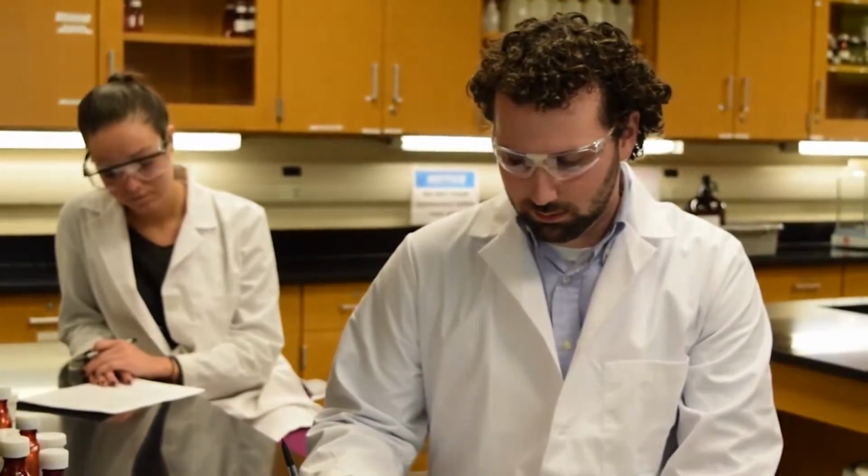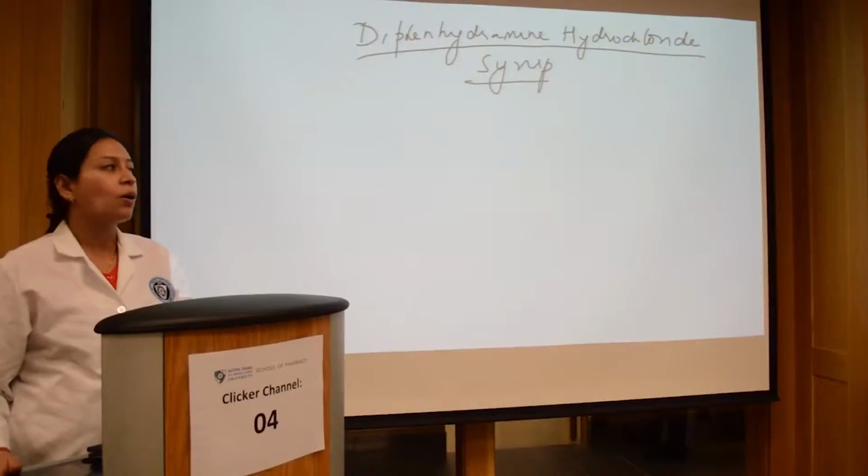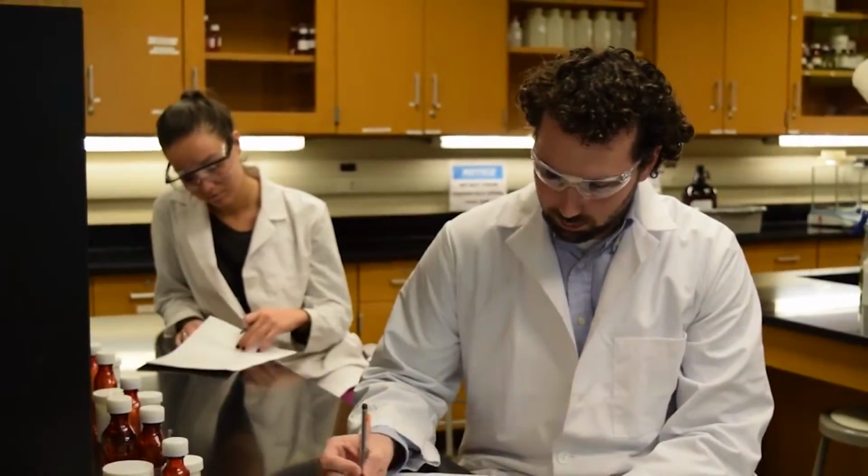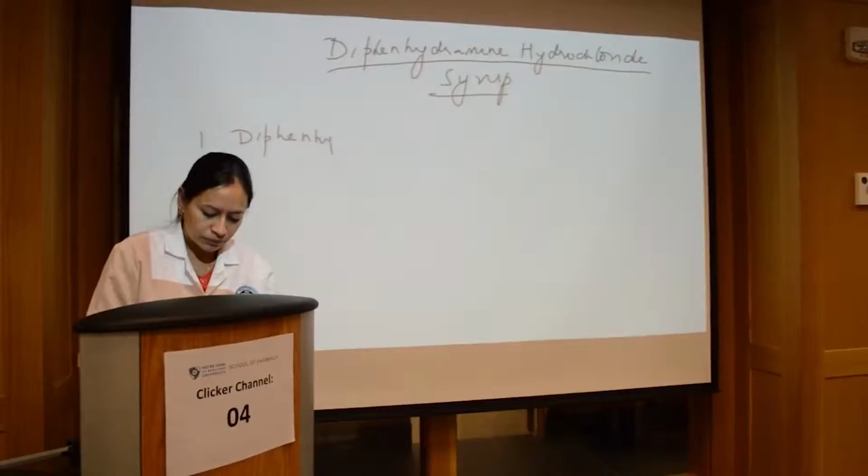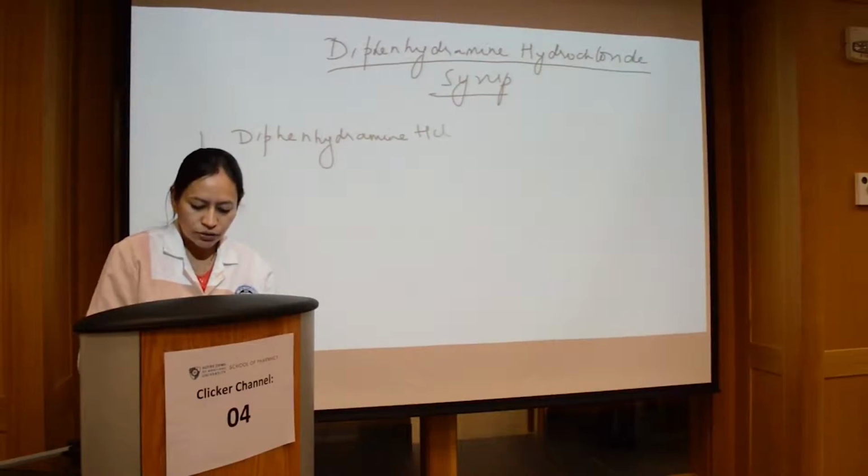And the formula is given for 100 ml syrup. However, we are making only 60 milliliters of the syrup, right? So you will be doing calculations and calculating the amount of each ingredient. For the first ingredient, you have diphenhydramine hydrochloride.